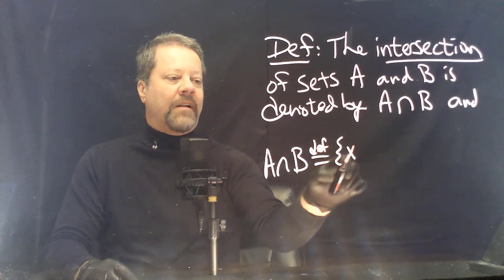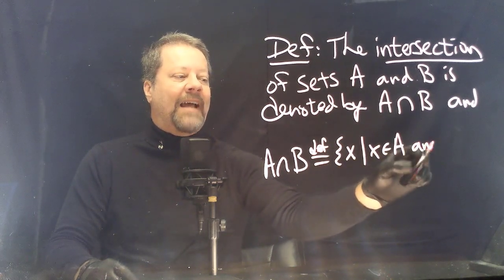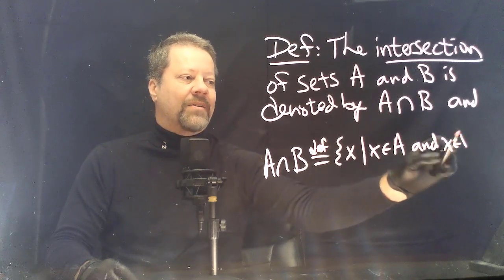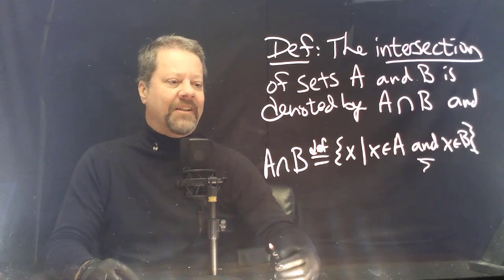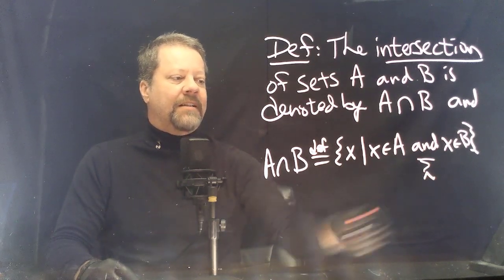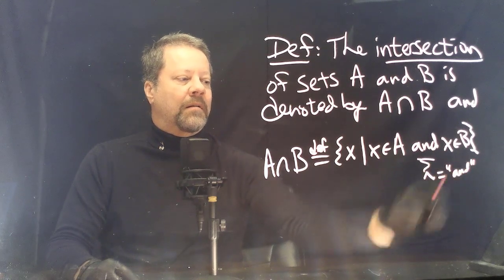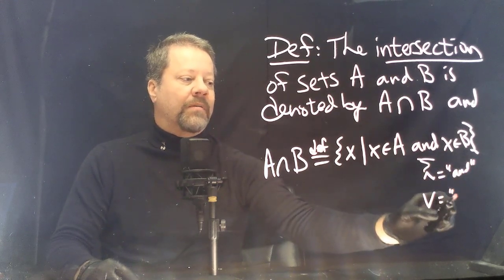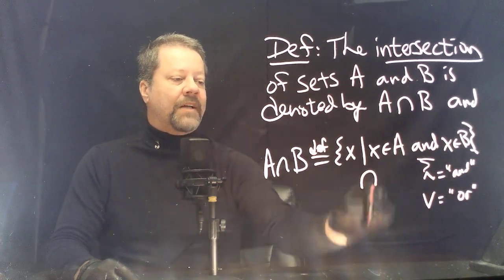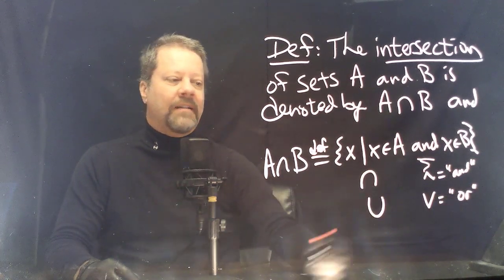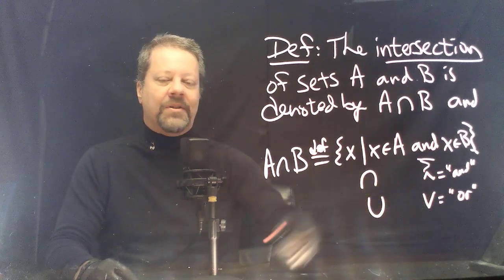It's the set of all x such that x lies in A and x also lies in B. So there's this significant and here. Remember, and is like this. This was or. This is intersection. This is union. They're very similar, except one of them has a little angle here and this other one is just rounded.